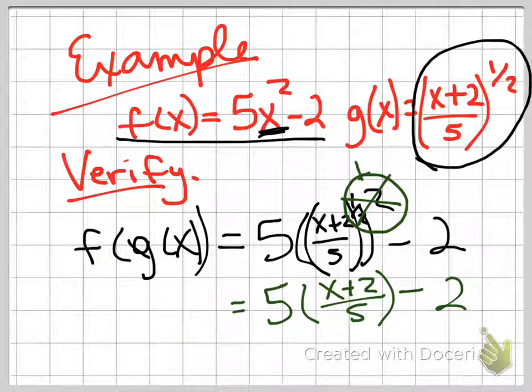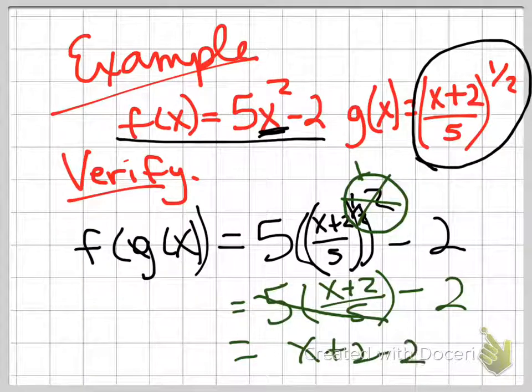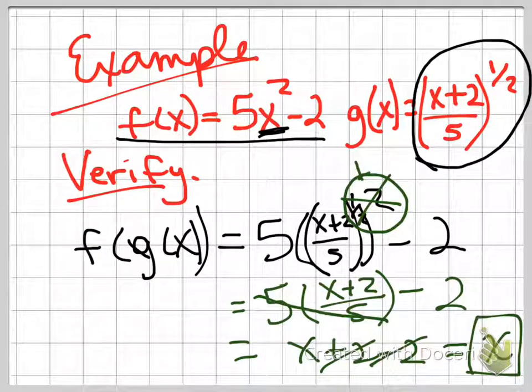And now look, these 5's are going to cancel each other. So I'm left with x plus 2 minus 2, and plus 2 minus 2 cancels each other, and we're left with x. So that's the first verification. We have verified here that f of g of x equals x.